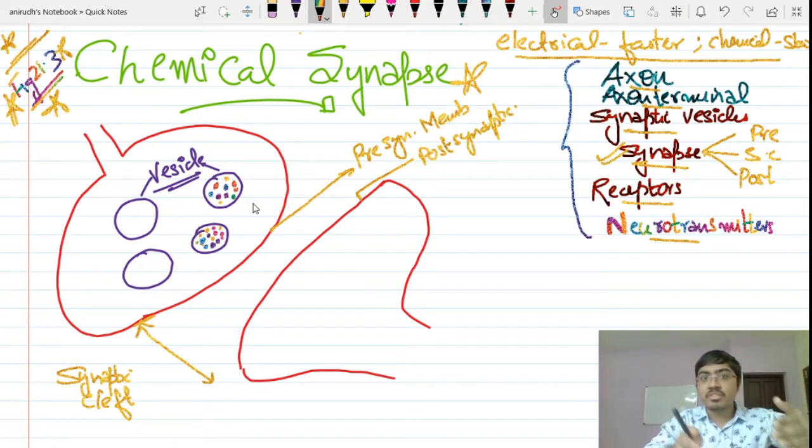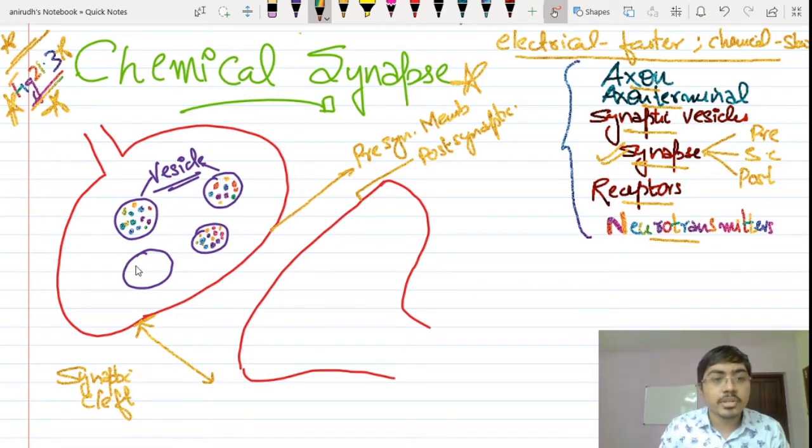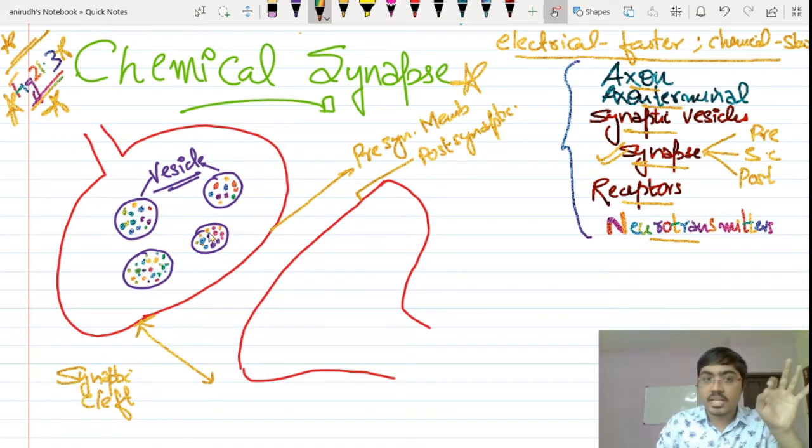Likewise, a series of reactions occurs, and that culminates in the formation of these chemicals called neurotransmitters. Now your neurotransmitters are ready inside these vesicles.